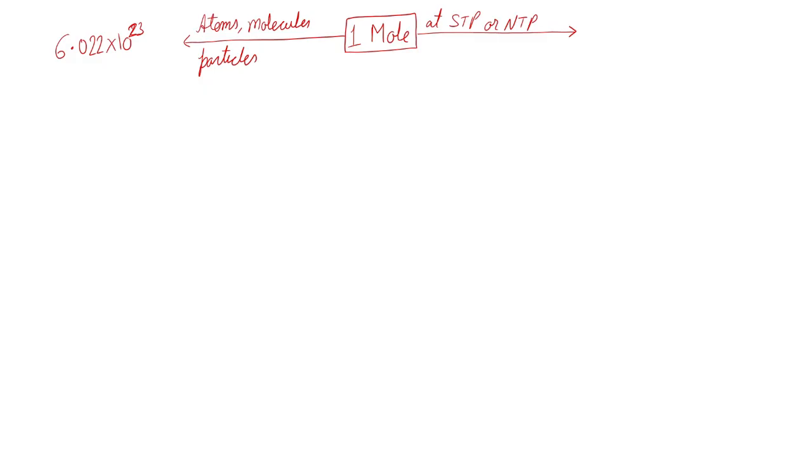And if we say NTP, it means normal temperature and pressure, and it will be 1 atmosphere pressure. Always remember that in 1 mole, we are talking about volume of gases only. Remember that. It is a very important point here. Only gases.